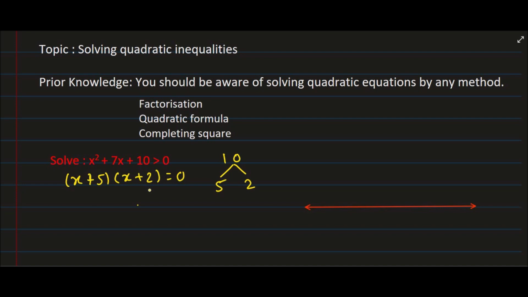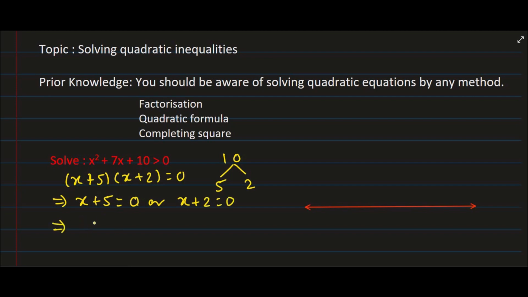First we will find the x values, and then we will solve for the inequality. The x values give us the critical values, and then we decide which inequality sign will be taken, less than or greater than, it depends. So from here we find the x values. x plus 5 equal to 0 or x plus 2 equal to 0.